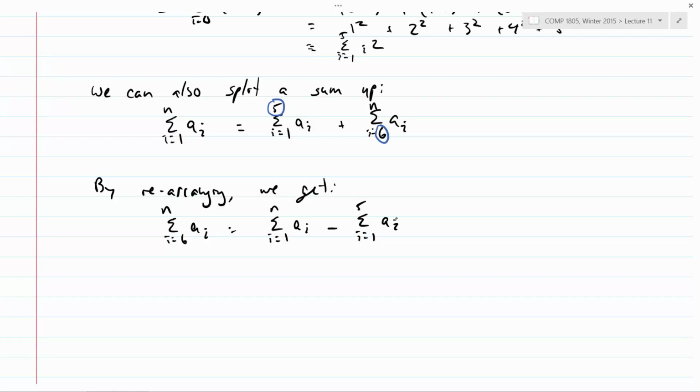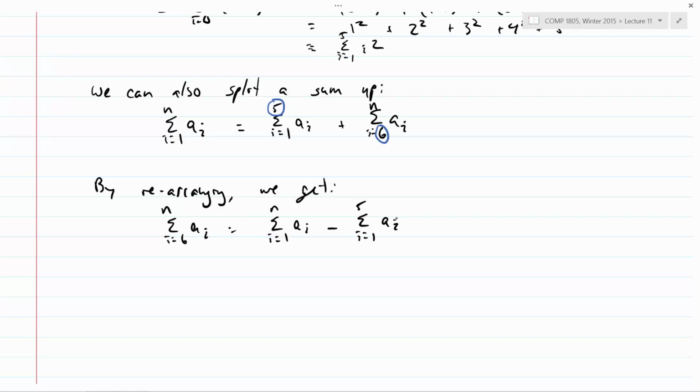So this says if you have a summation that ignores maybe the first couple of terms of some other summation, what you do is you take the original summation and you subtract off the things you're not interested in. If I wanted to know the sum of all the numbers from, say, 5 to 100, I could sum up the numbers from 1 to 100 and subtract off 1 plus 2 plus 3 plus 4. That would do the job.